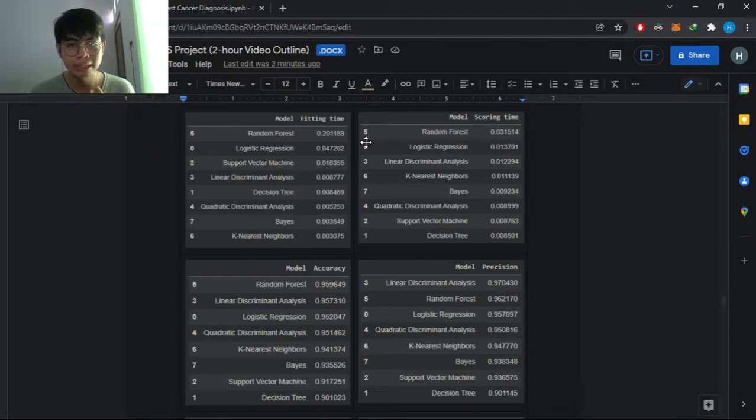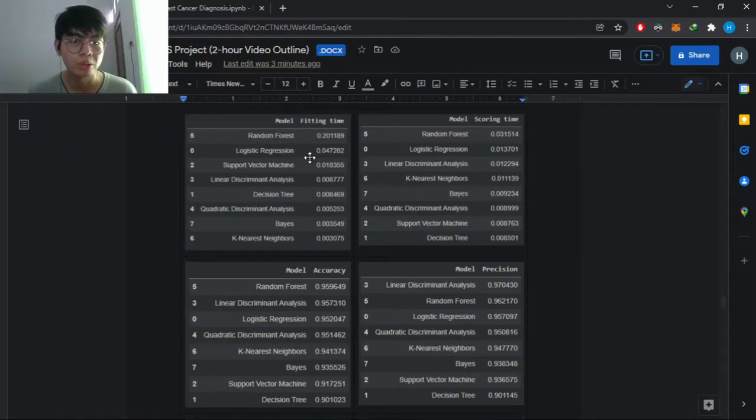For example, right here, random forest takes more than twice the amount of time logistic regression takes to have its scoring process done. And even here, random forest takes almost four times the amount of time logistic regression takes for model fitting.